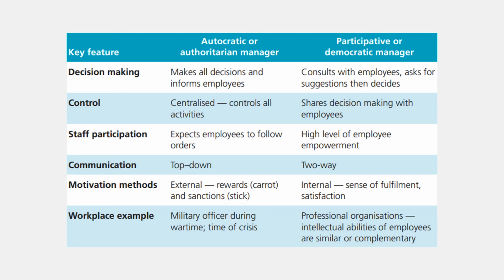And so you can think of an autocratic manager as maybe a dictator or a military officer during wartime. If you go back to our video that we watched yesterday, you can think of Dolores Umbridge from Harry Potter telling the kids what they're going to do in the classroom, whereas a participative manager listens to the students in the classroom and takes on their feedback and incorporates that within their teaching.